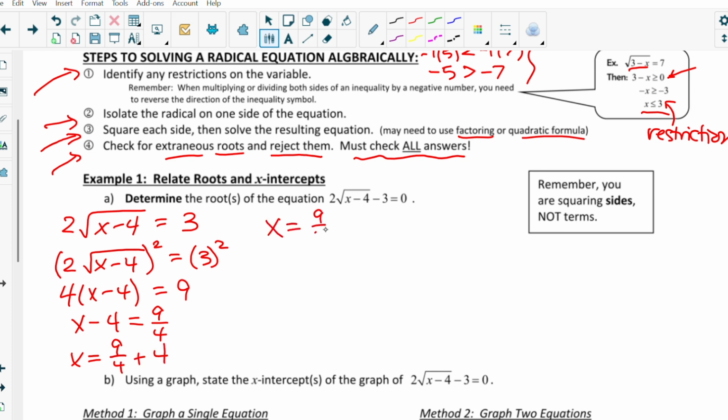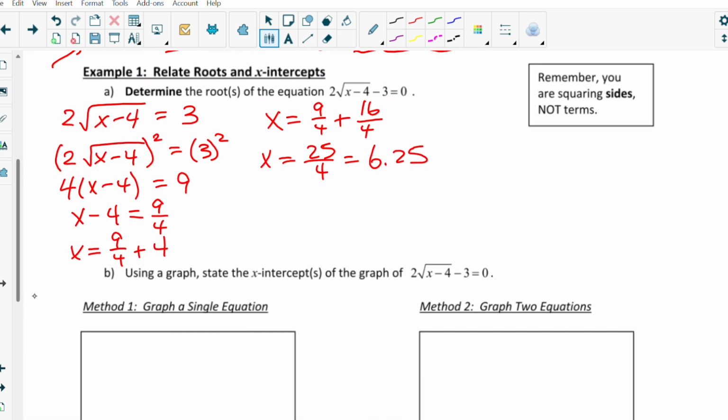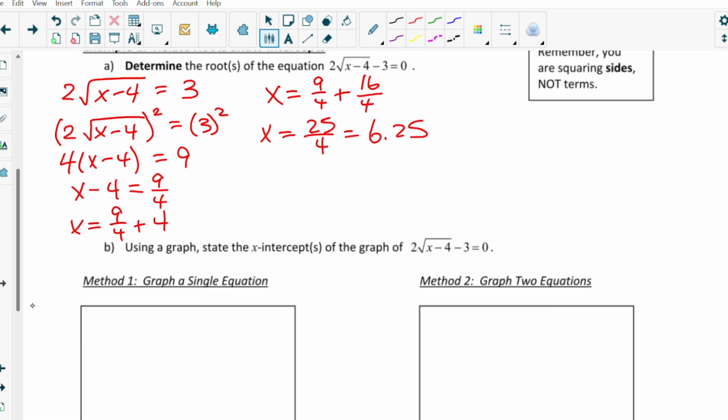X equals 9/4 plus 16/4. X equals 25/4, or 6.25. All right, let's keep that in mind. Okay, so the x-intercept is 6.25.